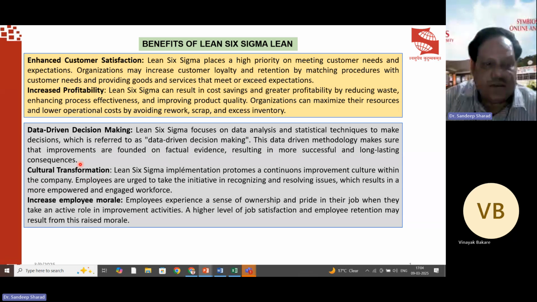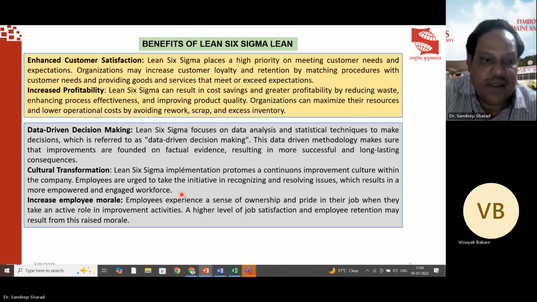Culture transformation: Lean Six Sigma implementation promotes a continuous improvement culture within the company. Employees are urged to take the initiative in recognizing and resolving issues, which results in a more empowered and engaged workforce.